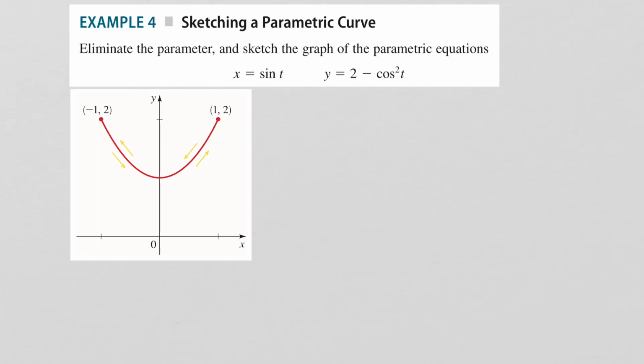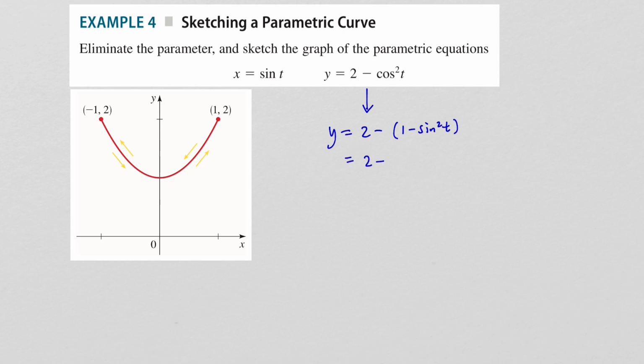Now, what about the parametric equations x equals sine of t and y equals 2 minus cosine squared of t? We can do a little playing around with the equation here, and we can say y is equal to 2 minus, and then cosine squared is 1 minus sine squared. And then we can simplify further.